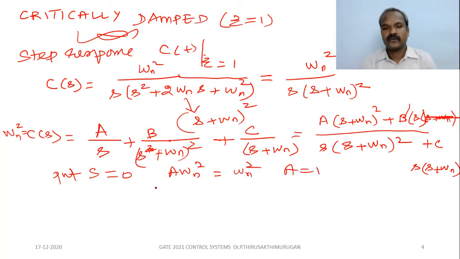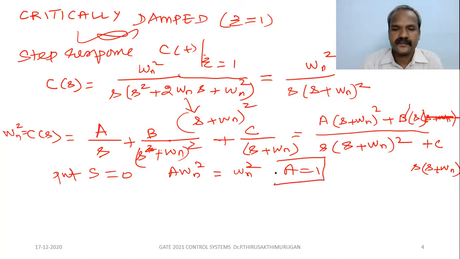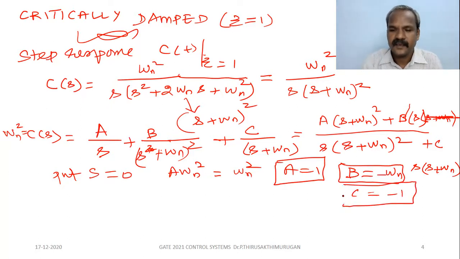Then comparing the s coefficient, we get B equal to minus omega n. Then C equal to minus 1. Similar to the previous problem, you can do this.